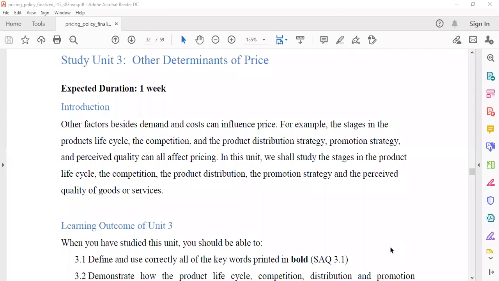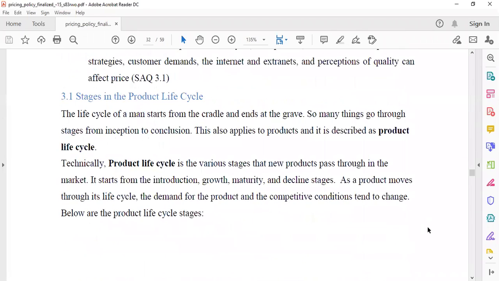Some of these factors include the stage of the product life cycle, competition, the product distribution strategy, promotion strategy, perceived quality of the product. Let's begin with the product life cycle and how it determines price.